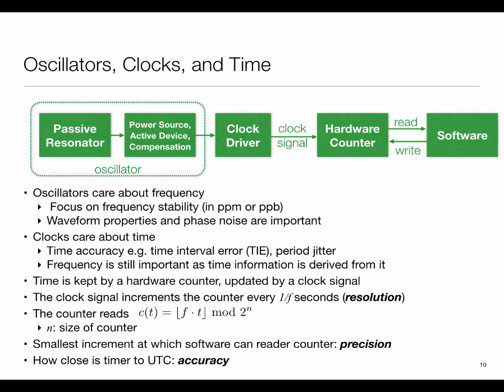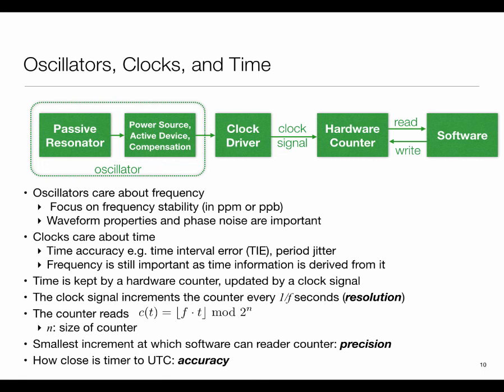For example, I may have an oscillator where if I look at a 1 hour window, if its nominal frequency is 1 hertz, then over a 1 hour window it will give me precisely 3600 oscillations. And that's great, it's very precise.